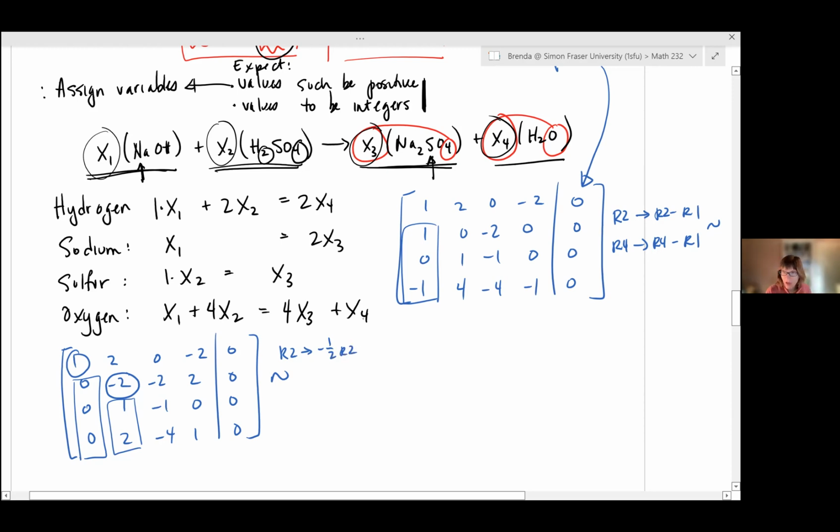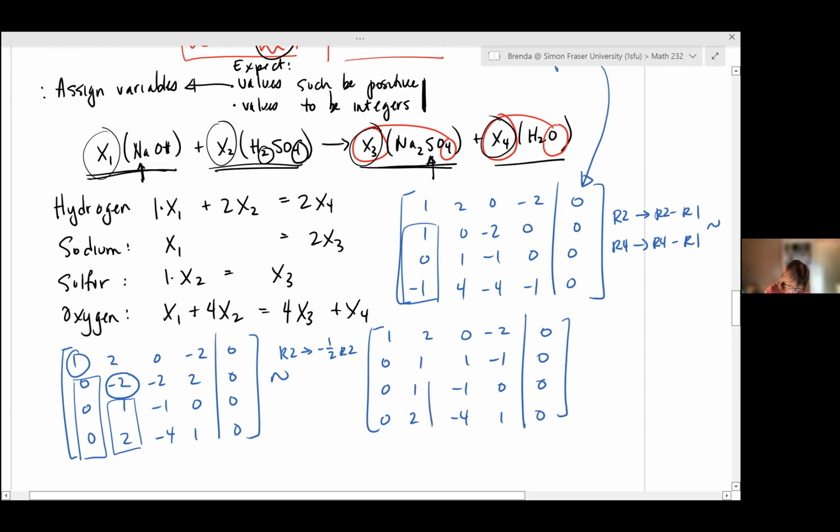I probably would not have done that if that generated fractions. In this case, it doesn't, so I'm going with it. In fact, it makes the numbers smaller, so I like that. Less likely to make an arithmetic mistake with small numbers.